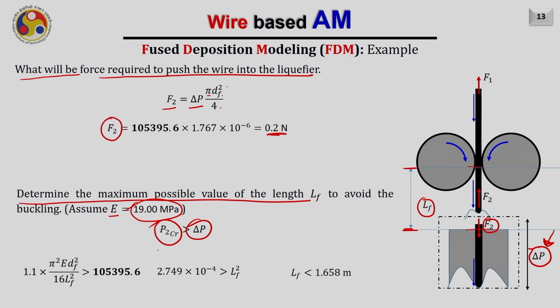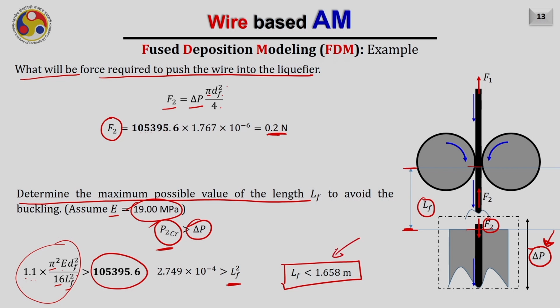We have already seen this critical value of the pressure will be equal to 1.1 into pi square E dF square divided by 16 LF square, and this value should be greater than the required pressure drop in the liquefier, that is given by this value we just obtained. As a result, we will obtain the value of LF, and it is coming to be that LF should be less than 1.6 meter, meaning to say it is very safe, because it is suggesting that you can go with a very high value of LF.